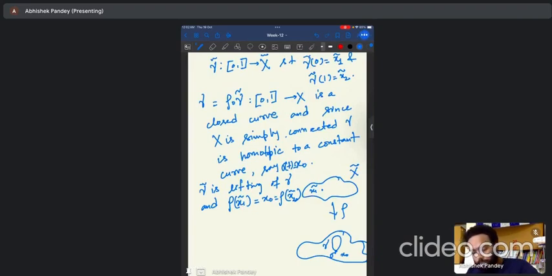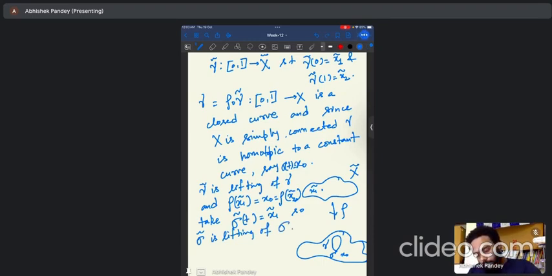You just take a constant path x1, and take the lifting of this constant path, x1 tilde. So sigma tilde is the lifting of this one.